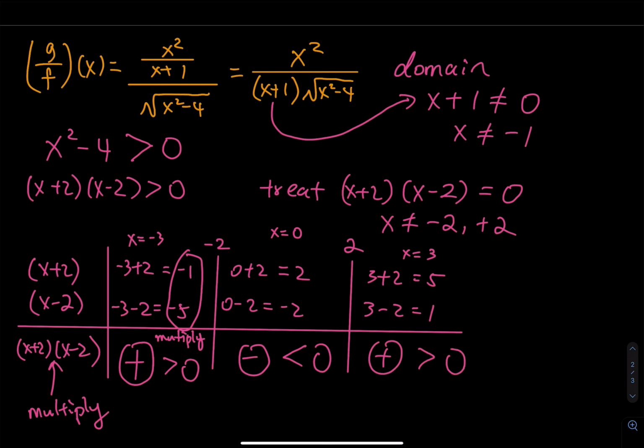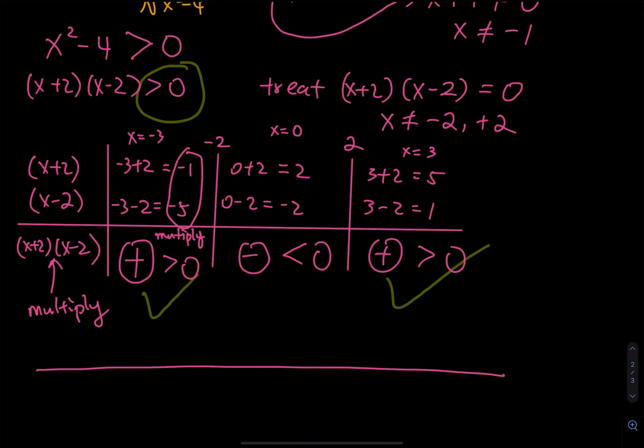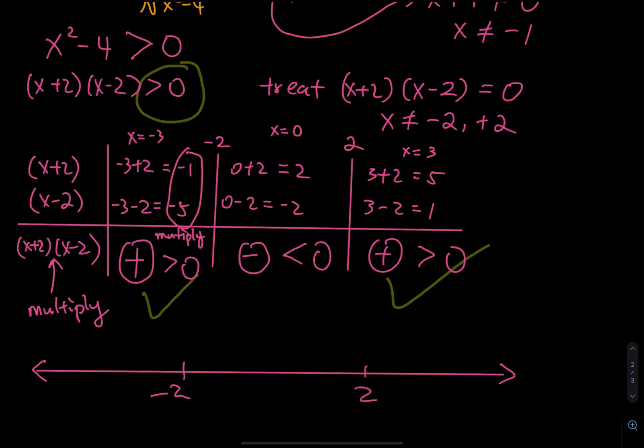What are we looking for? We are looking for greater than 0. So that means we are taking this, and then we are taking this. So now let's sum everything into one interval. Negative 2, positive 2, we have a negative 1. So this is no negative 1, right?